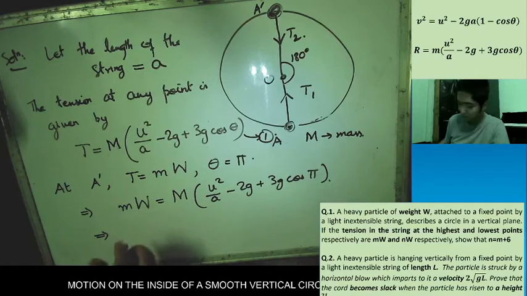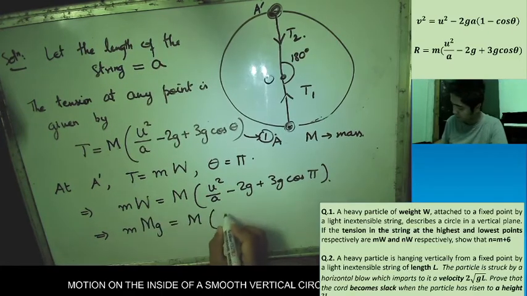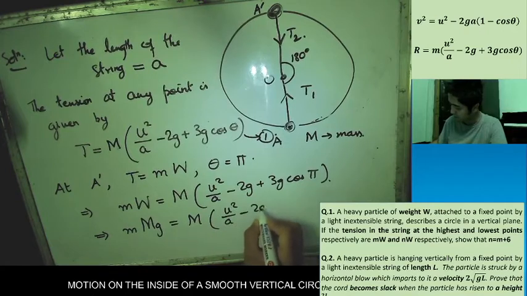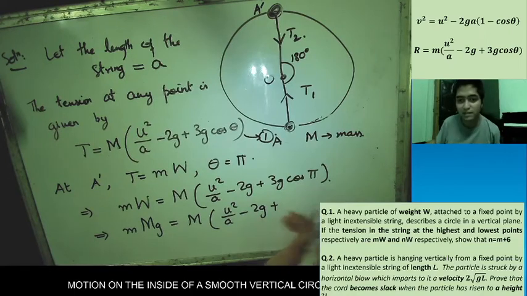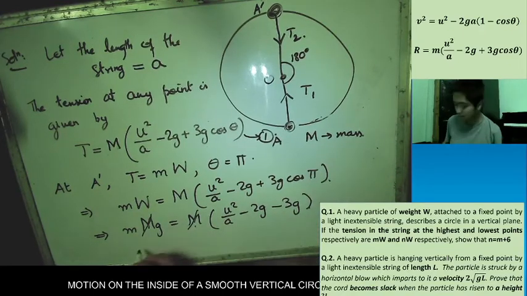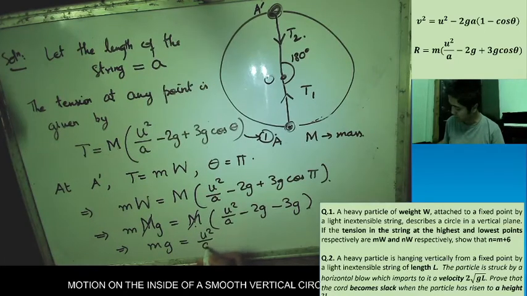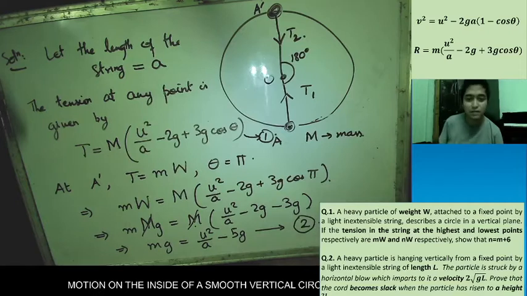The weight is equal to mg, small g, u square upon A minus 2g. 3g cos pi, and cos pi is cos 180, which is minus 1, so we get minus 3g. Capital M will get cancelled. So we will have mg equal to u square upon A minus 5g. So this is equation 2.